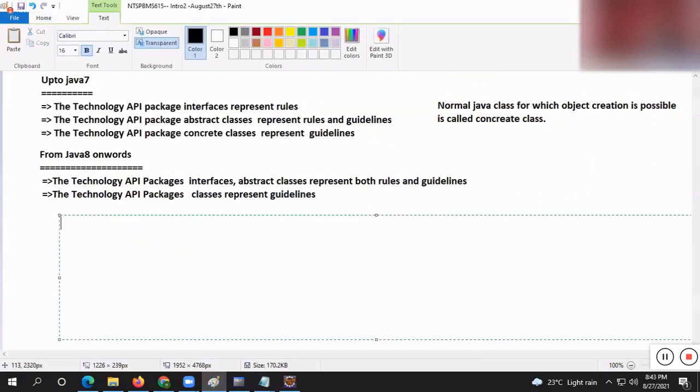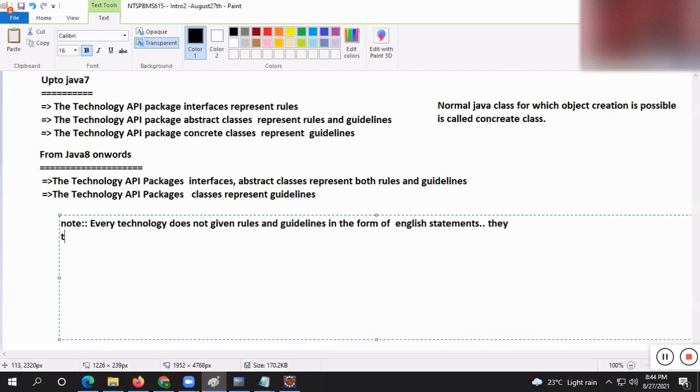So, the final conclusion is that every Java technology does not give rules and guidelines in the form of English statements.